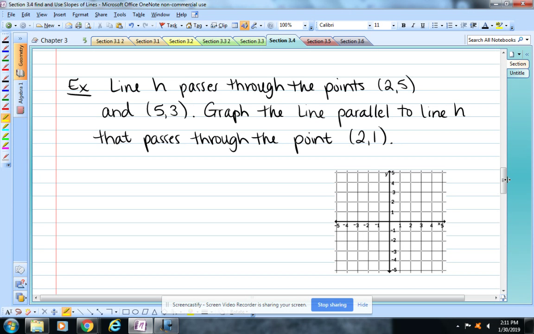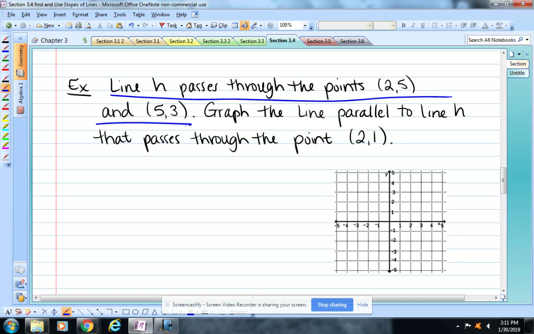They're going to give us 2 points that make one line. We have to figure out that slope and graph another line that goes through another point. The first thing you need to do is do the first thing it tells you. Line H passes through the points (2, 5) and (5, 3).